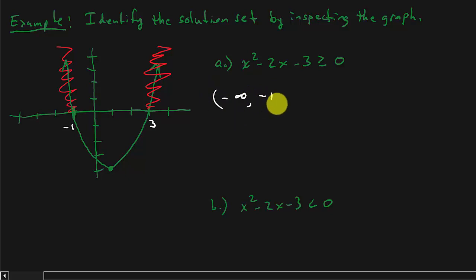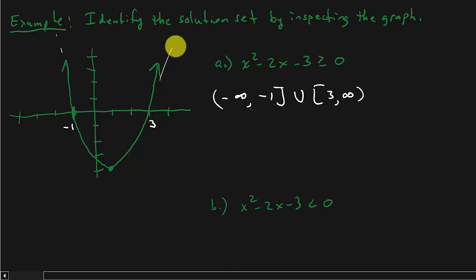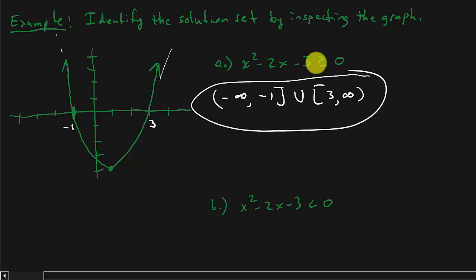Now, is the -1 included? Yes, it is. So that's a bracket. Or from 3 to infinity. That's where, because this thing is just rising forever, right? It's going up forever. But not only is it going up forever, it's going to the right forever. Not only is it going up forever, it's also going to the left forever. So there's the answer to that one.